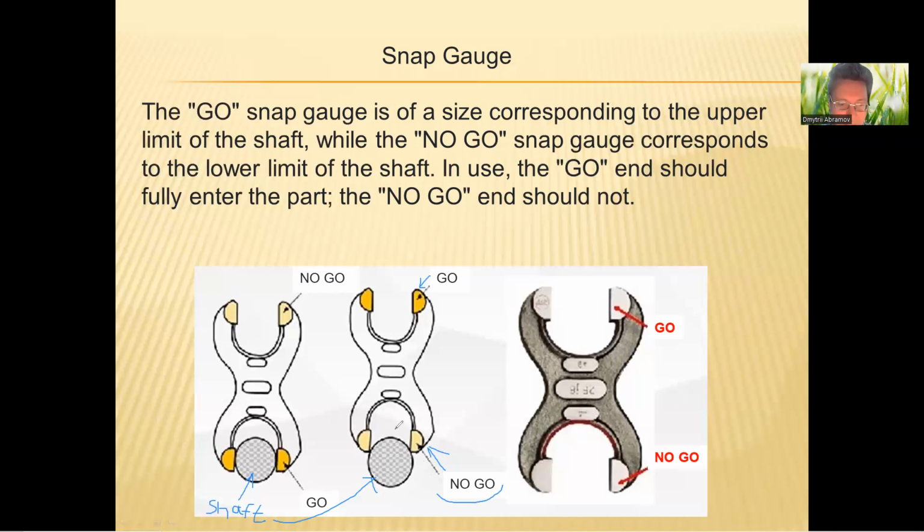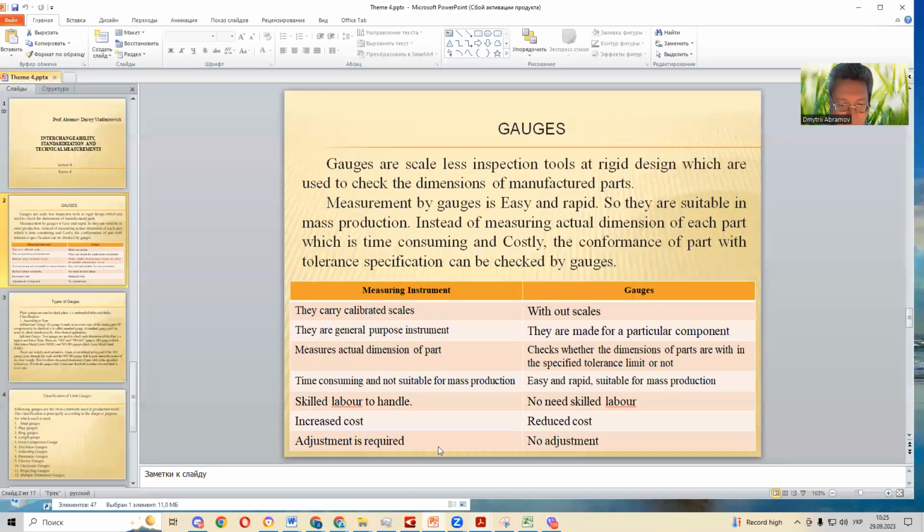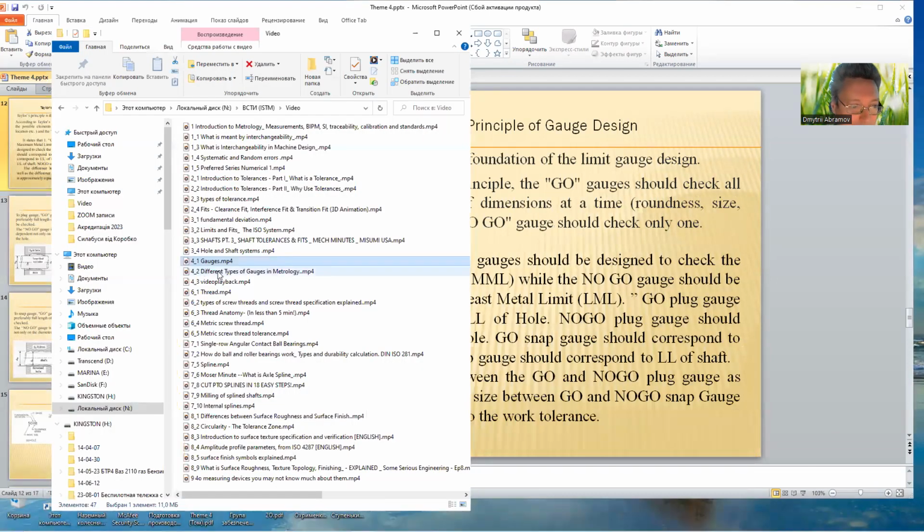Write down to your notes this figure and these sentences about the go side and no-go side of the snap gauge. And now I want to show you the next video about different types of gauges in metrology.